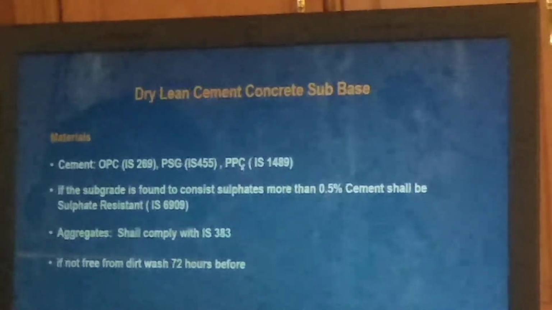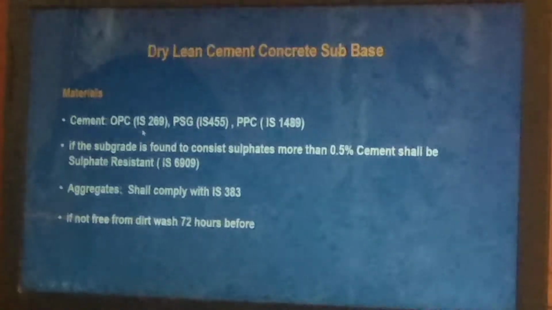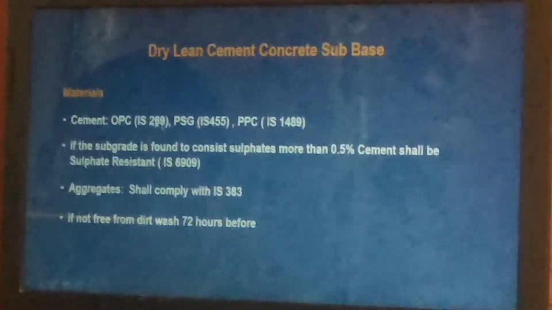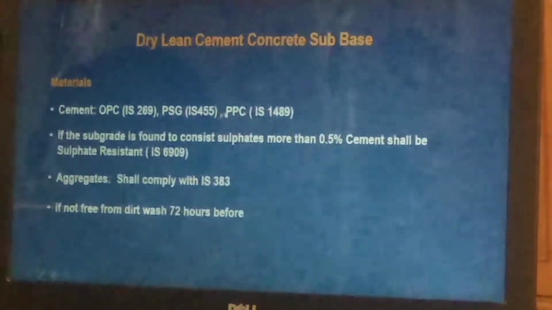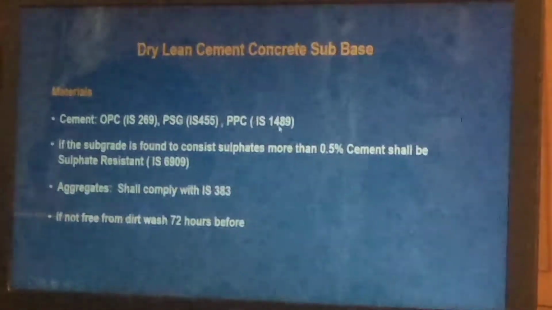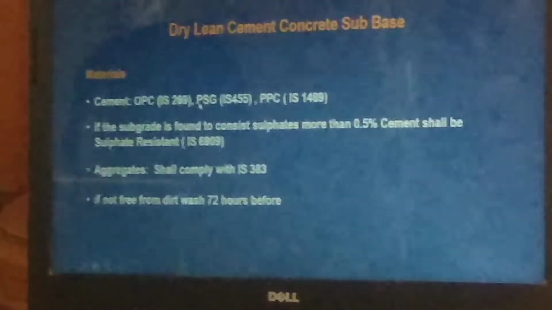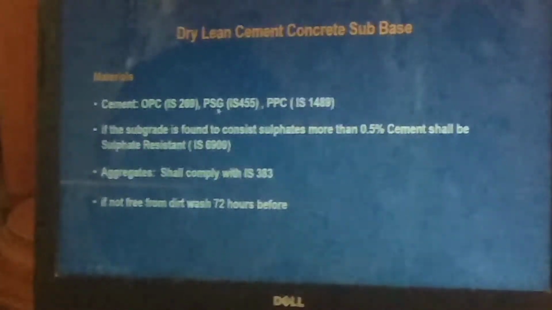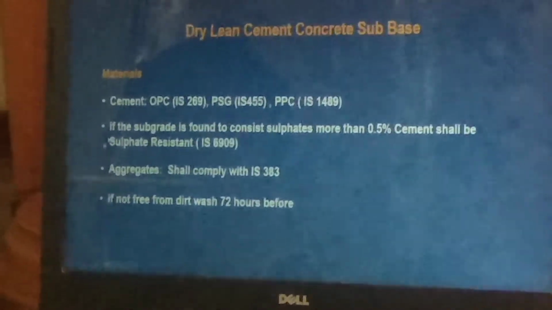Any of these cements can be used for construction of DLC, which fulfills the requirement of IS 269 for OPC, IS 455 for PSC, and IS 1489 for PPC. Ordinary Portland cement, slag cement, and pozzolanic cement.